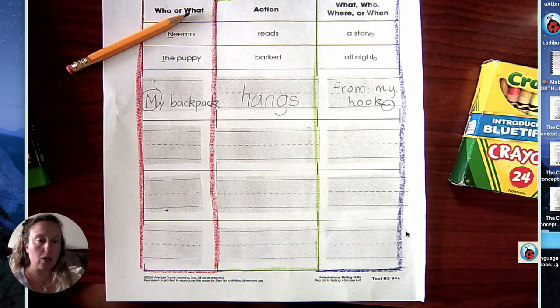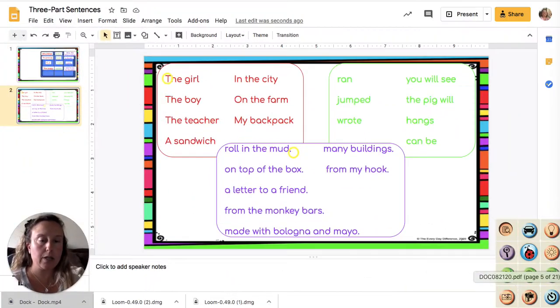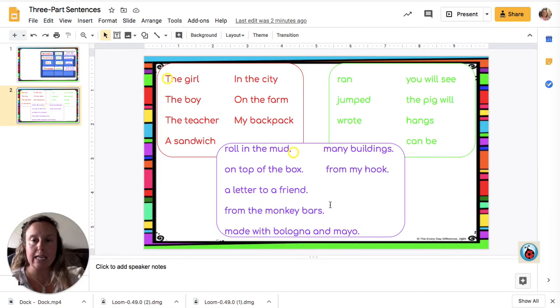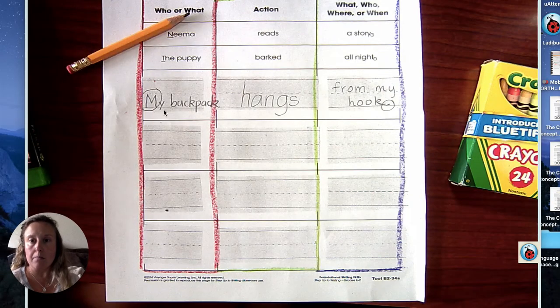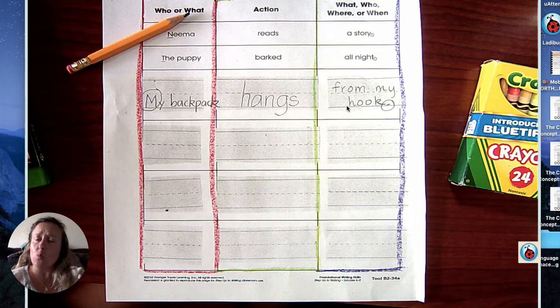What I did here was I took one of the ideas from each section to create a sentence that made sense. I decided to start with my backpack. Then I needed to choose an action that a backpack can do: hangs. And then I need to decide where the backpack hangs: from my hook.